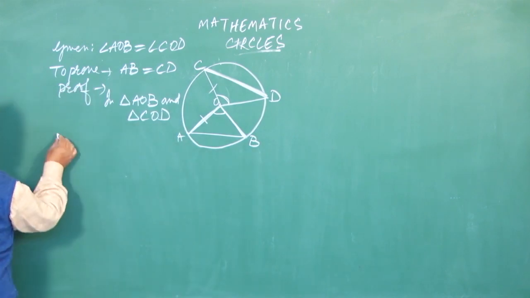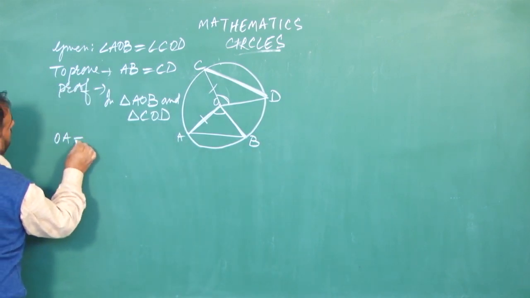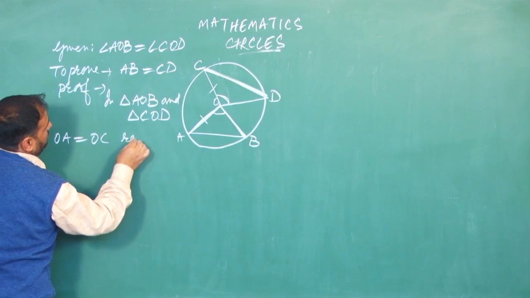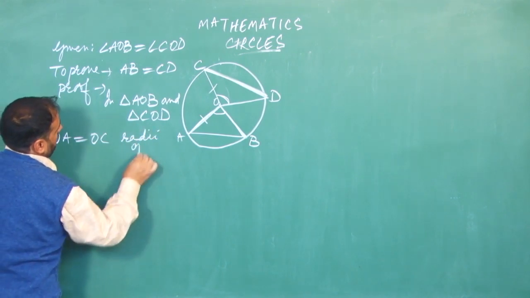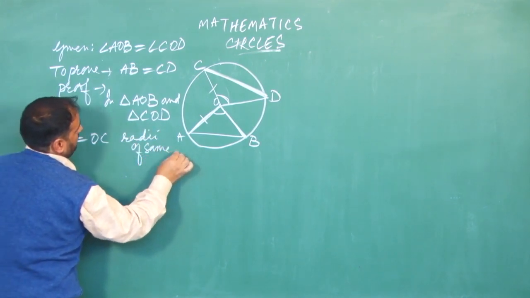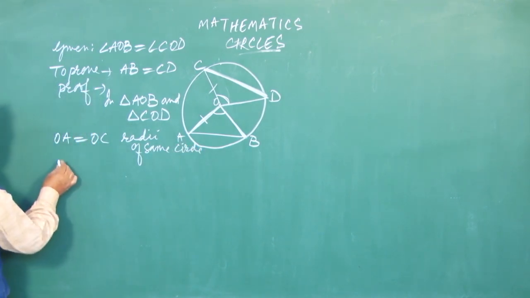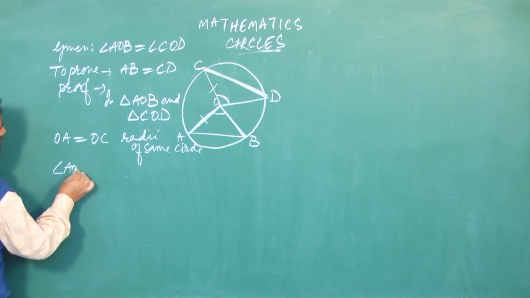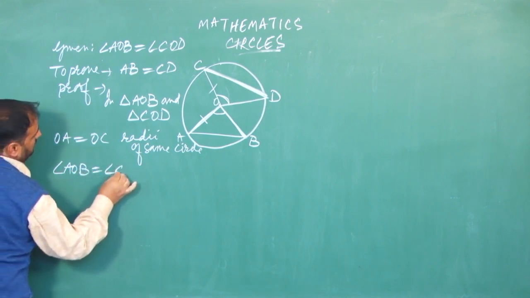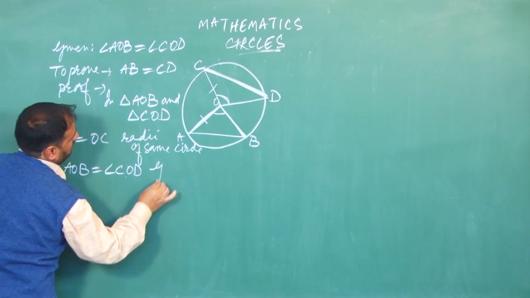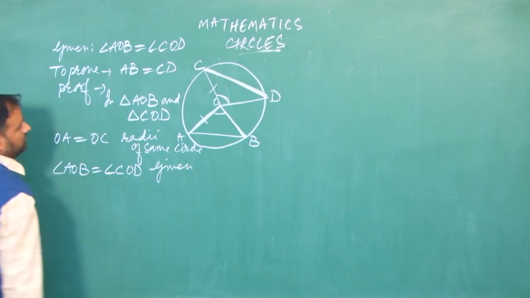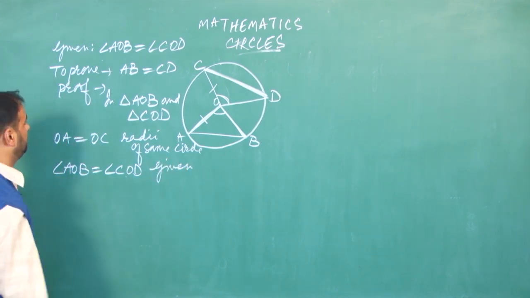So, writing OA is equal to OC, the reason is radii of same circle. Then we have angle AOB is equal to angle COD. This is given, that the chords subtend equal angles at the center.